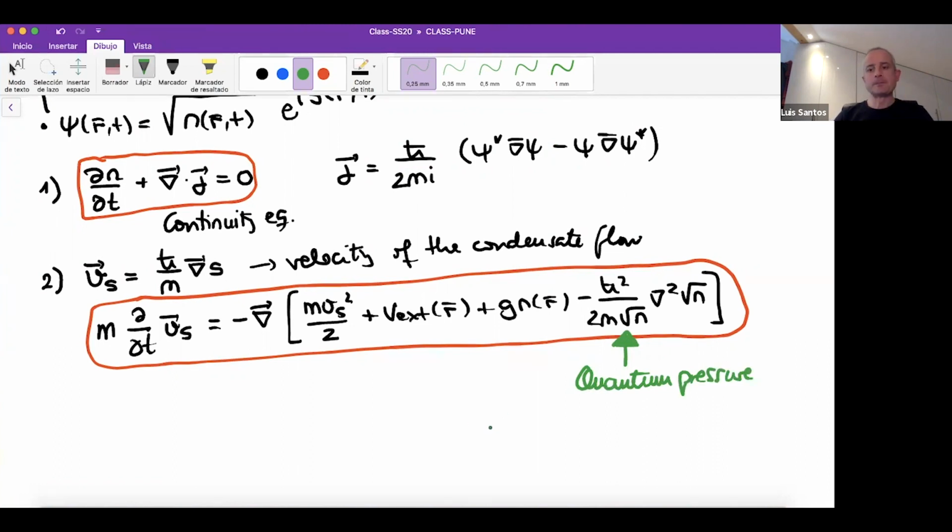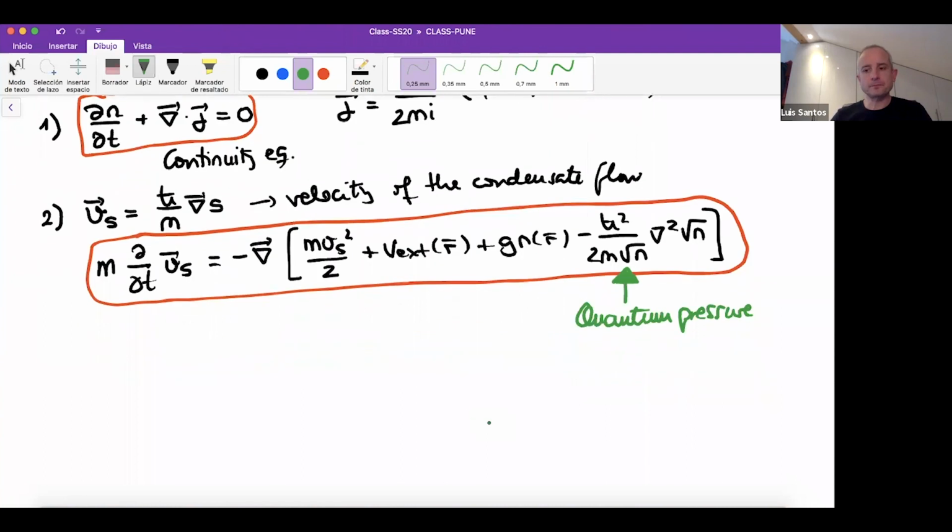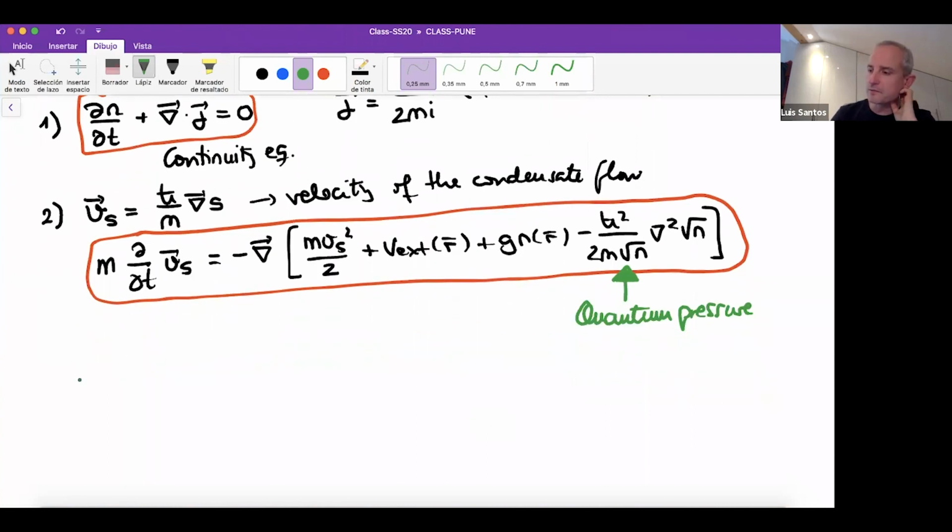This is the only term that actually contains the quantum character in here. Let's try to assess now how relevant, or rather irrelevant, this term is, right? So I am going to estimate, roughly speaking, this term, the quantum pressure. This is not a rigorous calculation, this is just an estimation.